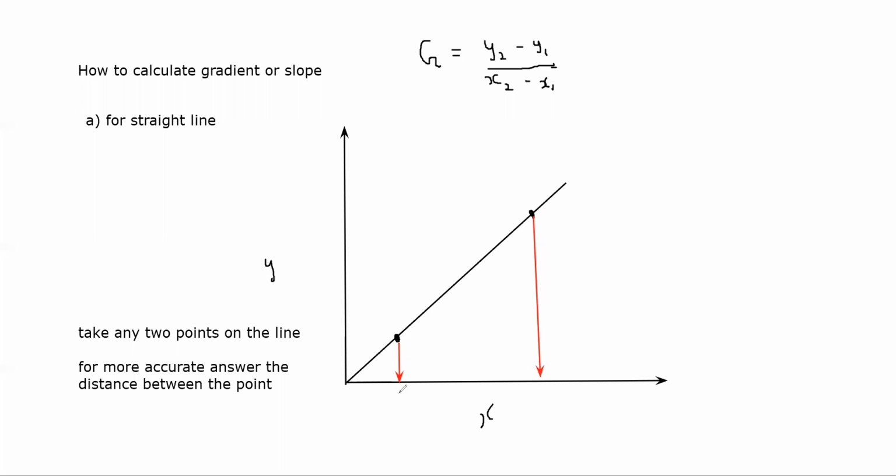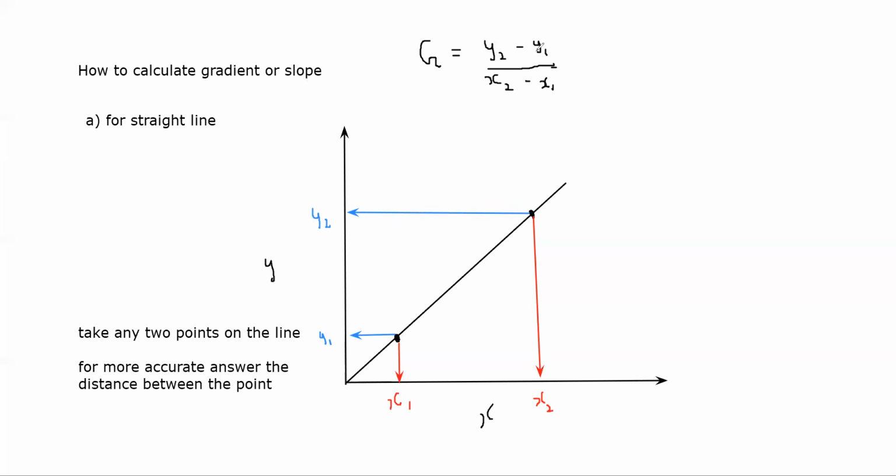These will be numbers because the graph will have numbers. Same thing on the y-axis: the first value is called y1 and the second value is y2.